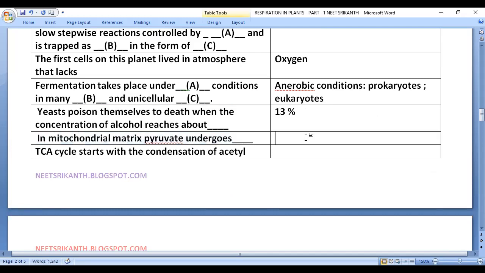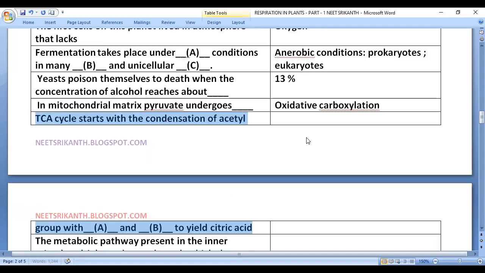In the mitochondrial matrix, pyruvate undergoes oxidative decarboxylation. The TCA cycle starts with the condensation of the acetyl group with oxaloacetic acid and water to yield citric acid.